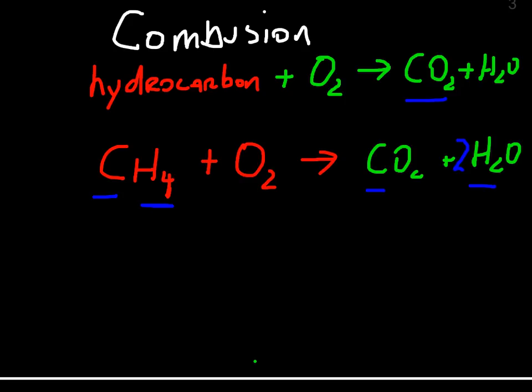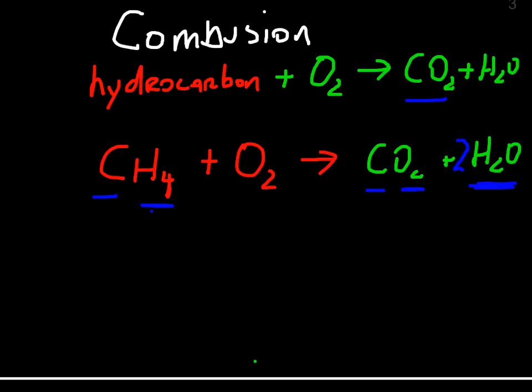This is a little bit of review on balancing, but remember that when you balance reactions, all you can do is change the relative number of each one of the substances, and you do that by putting coefficients in front of it. So now I have 4 hydrogens. I got 4 hydrogens over here, so that's good. I have one carbon. I have 2 oxygens here from the water, and I have 2 more from the CO2, so that makes 4 oxygens.